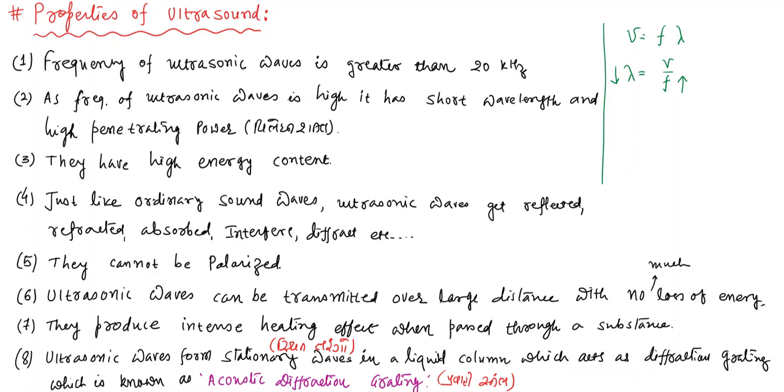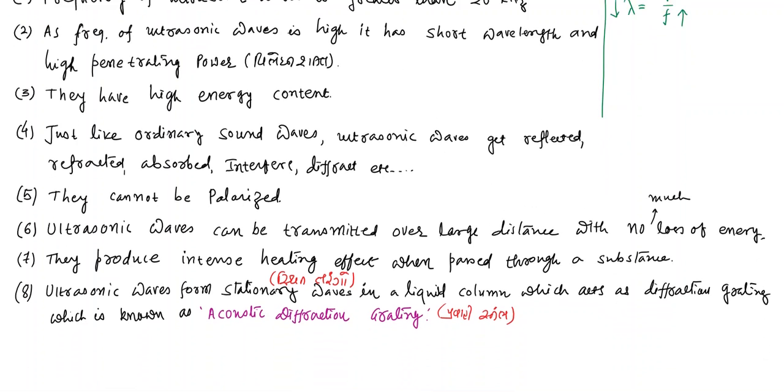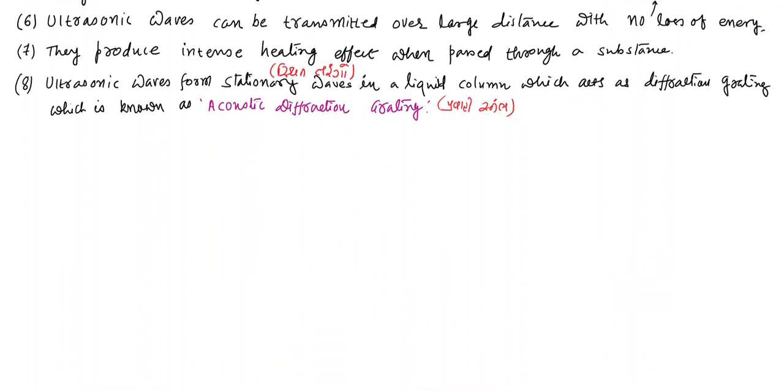The title of this first lecture is only about the introduction, and then after the introduction of ultrasound, we have to discuss the properties of ultrasound. So these are a few properties of ultrasound. Then after, there are methods to produce ultrasound, which are known as production techniques.